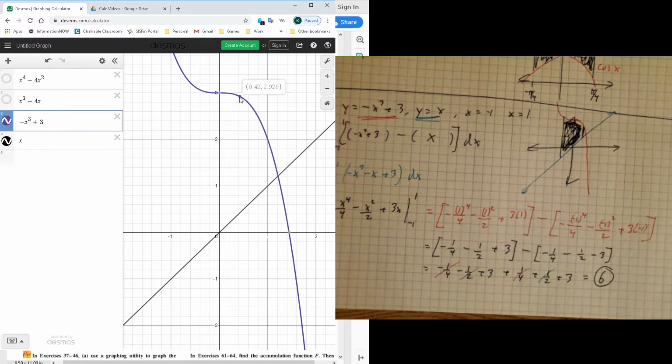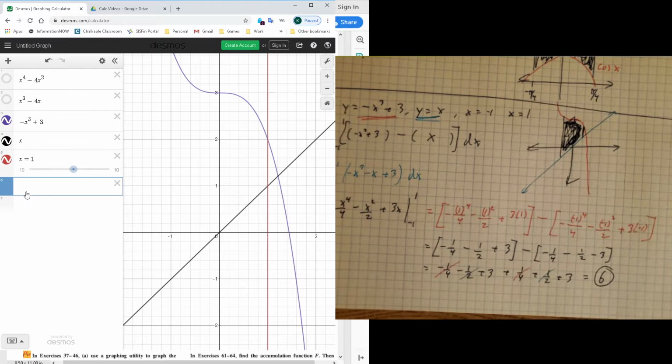Like, you have this cool little curve thing going on here. Like, this little curve is supposed to give us some weird answers, and yet it doesn't. And if you want to see what this kind of looks like, you can do x equals 1 and x equals negative 1.